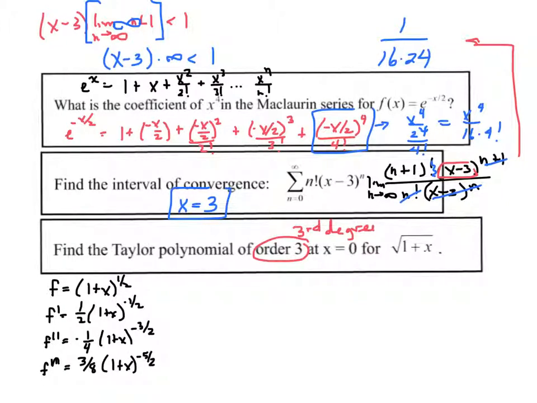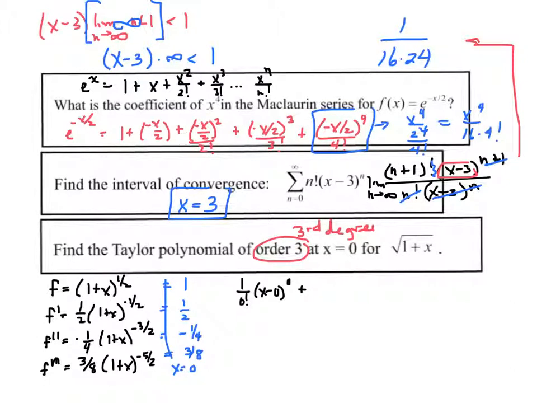Now we're evaluating all of this at 0, x equals 0. So it makes it pretty easy, I guess, because 1 plus 0, square root of that's 1. This will be 1/2. This will be negative 1/4. This will be 3/8. Okay, so I'm going to have 1, 0 derivative over 0 factorial, x minus 0 to the 0.